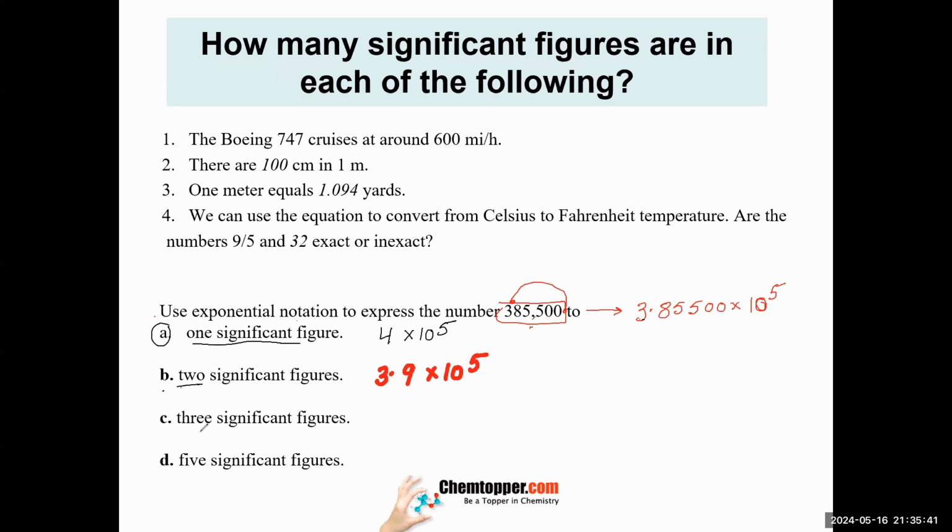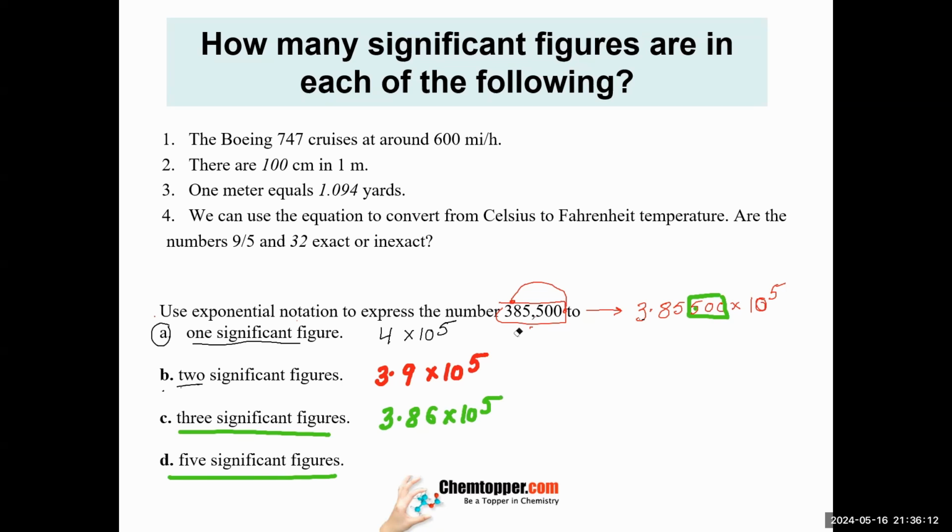Three significant figures means I have to drop this 500. Now I'll be left with three significant figures. This is 5. So when I'm going to drop 5, I have to add 1 in the rounding digit. So the answer is 3.86 times 10 raised to power 5. Now it is in three significant figures.